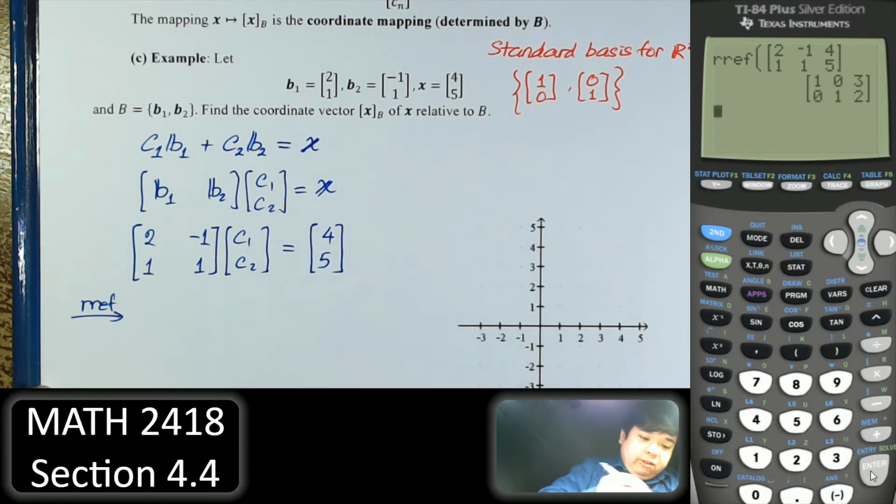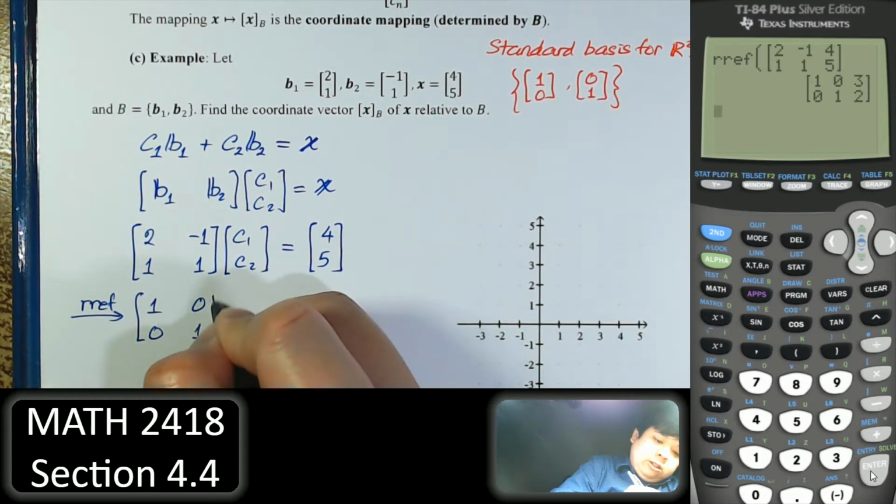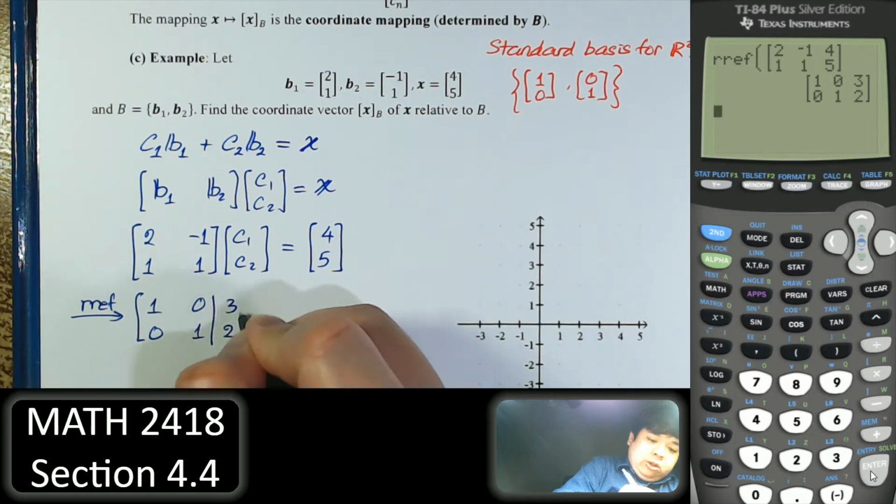And that's what we have: 1, 0, 0, 1, and then 3 and 2.